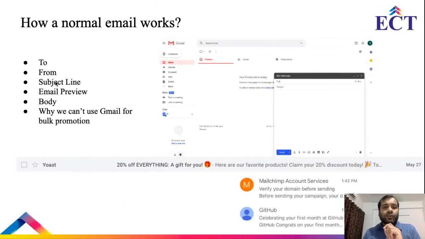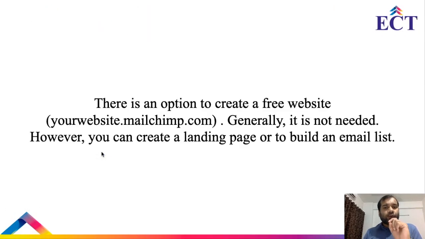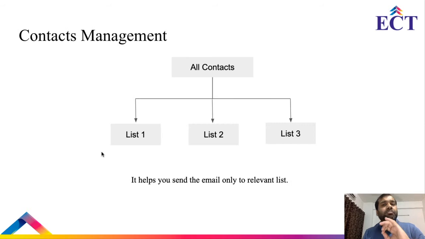The next thing we need to do is manage your contacts. Update your contacts. Now, in any email marketing software, you will find that the contacts are organized in various lists.